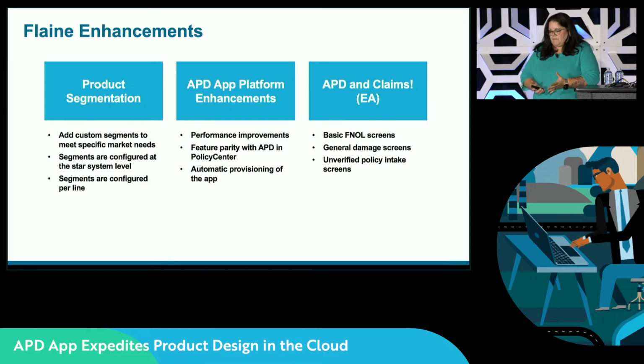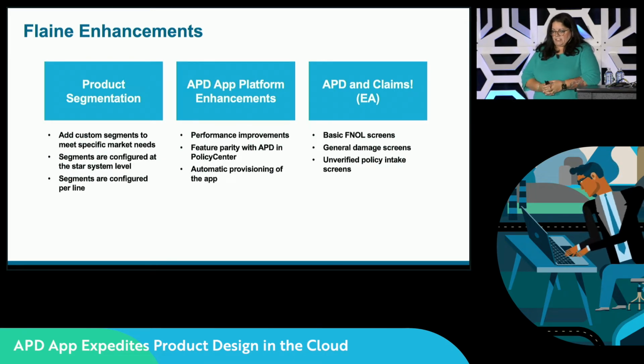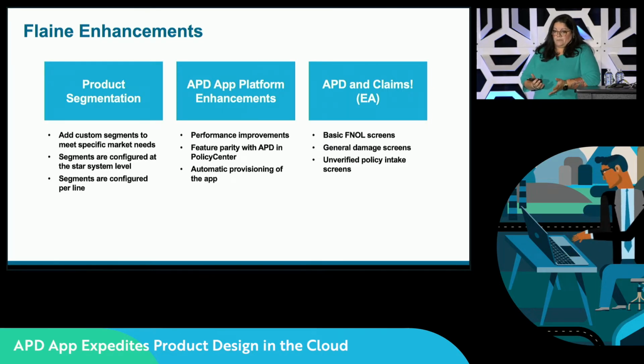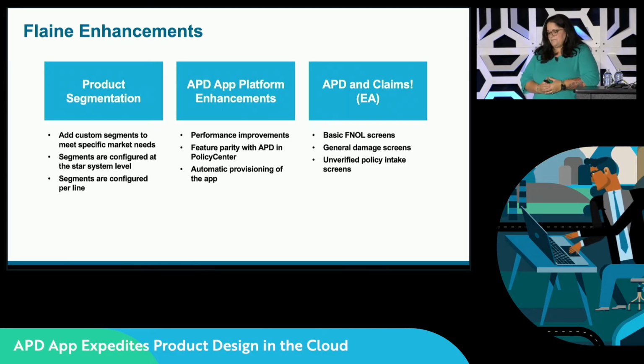So in Flame, we've made several enhancements to the APD application. We're introducing product segmentation. We started this journey last year with jurisdictional variations. This year, we're going to now enable you to create your own custom segments, like brand, channel, partner, business type, number of houses, anything you can think of.